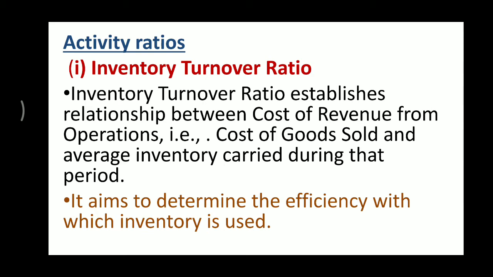That means your formula will be revenue from operation divided by average inventory. The inventory turnover ratio aims to determine the efficiency with which inventory is used, or how inventories are converted into sales.